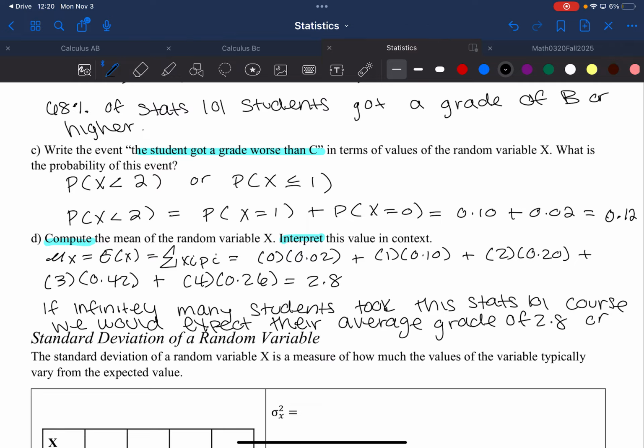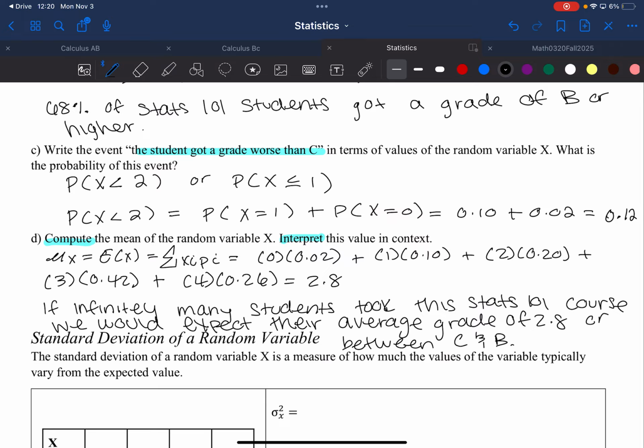Between C and B. Good. If infinitely many students took this Stats 101 course, we would expect their average grade of 2.8 or between a C and a B. You will always answer the interpretation part exactly like this.